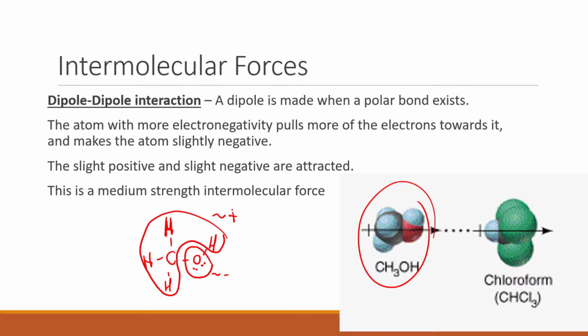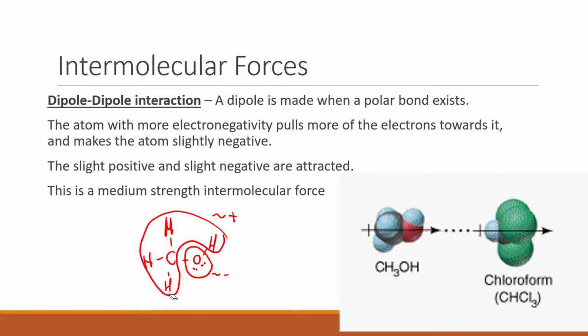So in addition to the dispersion forces, in addition to the fact that these molecules are pushing down on each other, stacked one on top of the other, there is also this magnetic attraction.